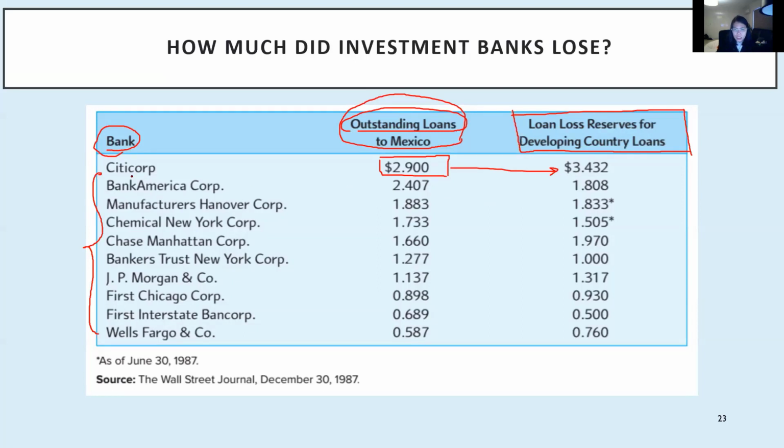So for example, with Citicorp, their reserve is only 3.4, but they lend to Mexico 2.9. Similar for these banks as well. The losses that they made on Mexico alone eat up all of their reserves. So that is how severe this crisis is for the banks involved.